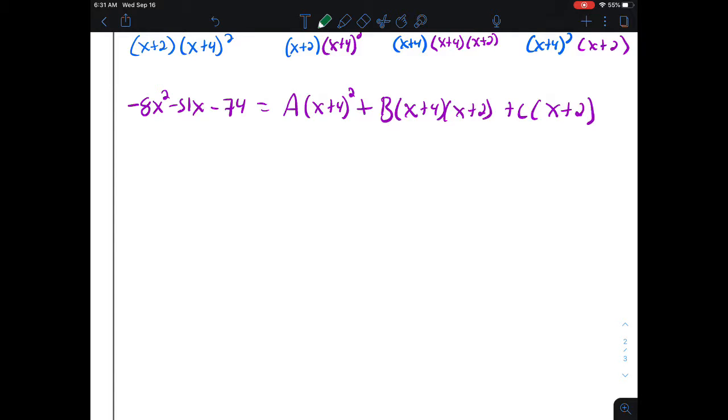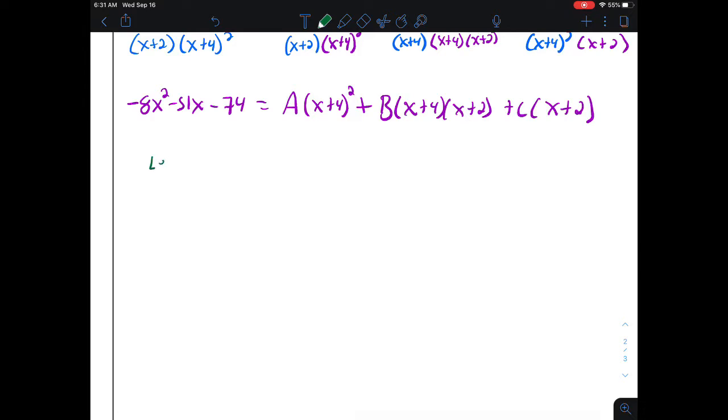Now, we can work with the numerators. Now we'll do our cover-up method. So we're going to pick our zeros. So let's say, all right, we'll let x equal -2. And then we'll solve.